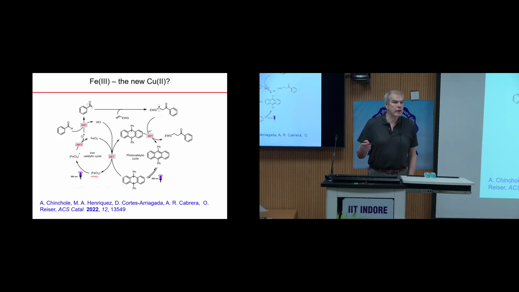And again, we had a chloride source in there, so we had probably an equilibrium of FeCl3 and FeCl4 minus. And then once this is excited, it can dissociate a chlorine radical, and then at that point it becomes iron 2. And so now the chlorine radical can do the abstraction from the aldehyde.